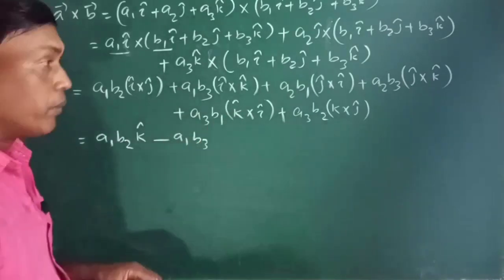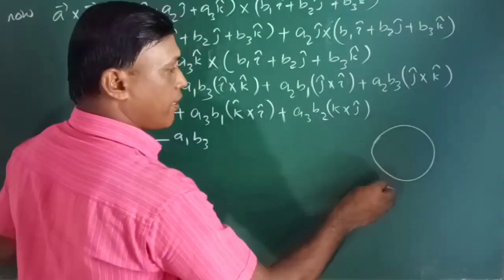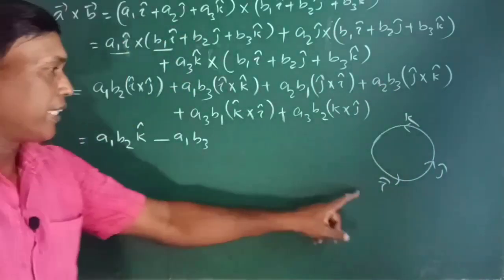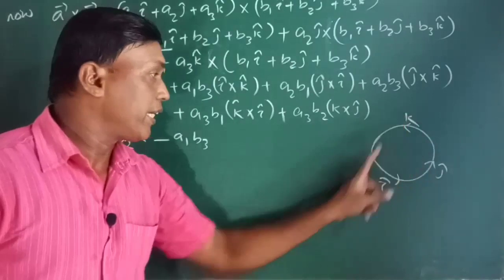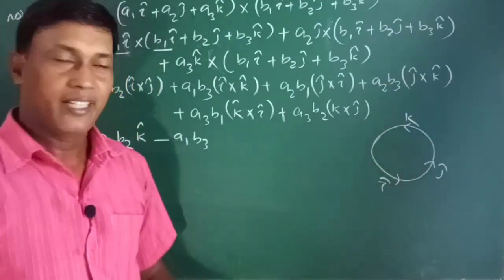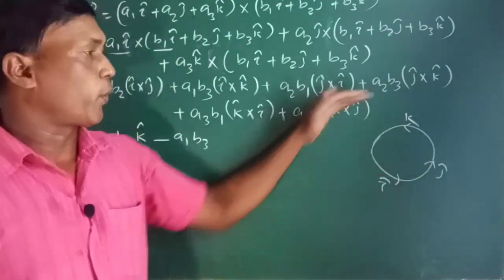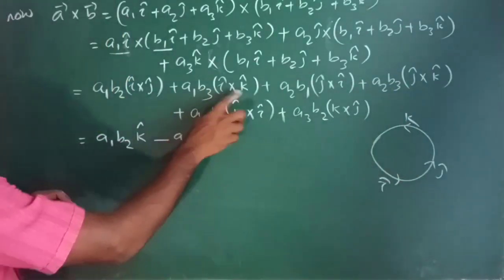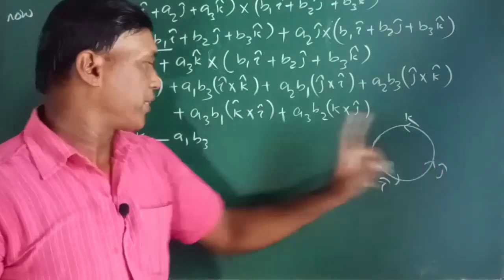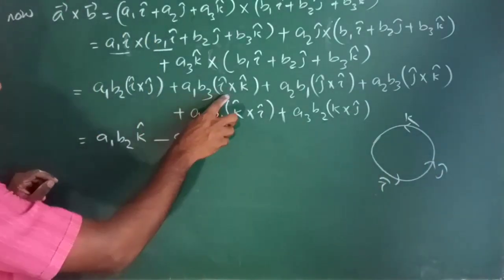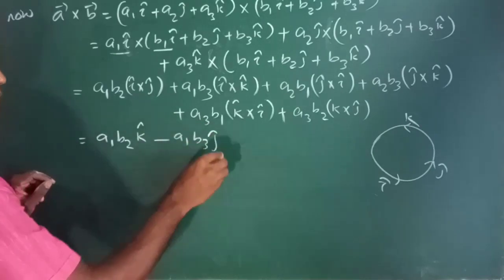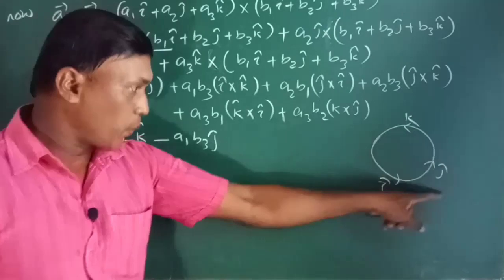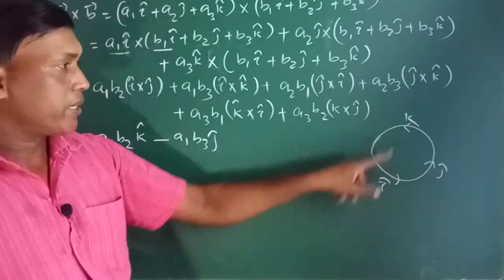You know that i, j, k: i cross j is k, j cross k is i, k cross i is j. In anti-clockwise direction positive, clockwise negative. Now i cross j is k, i cross k is minus j. So if this is minus j, put here minus, minus j. Here j cross i, clockwise, means minus k.